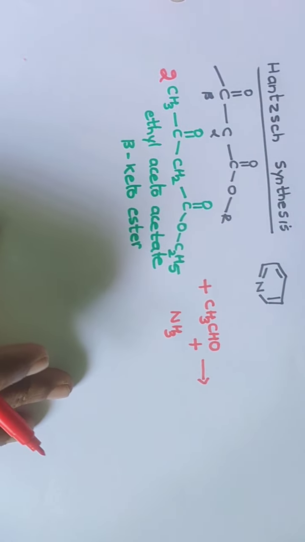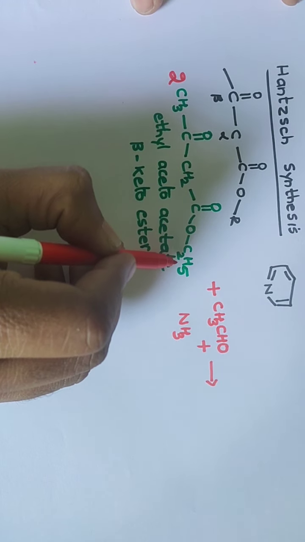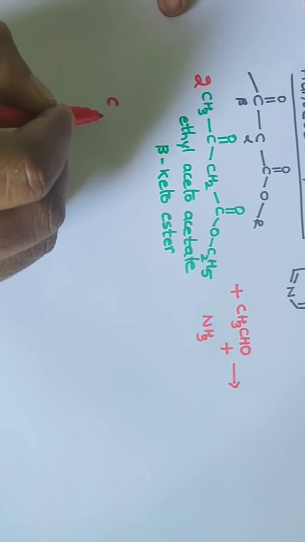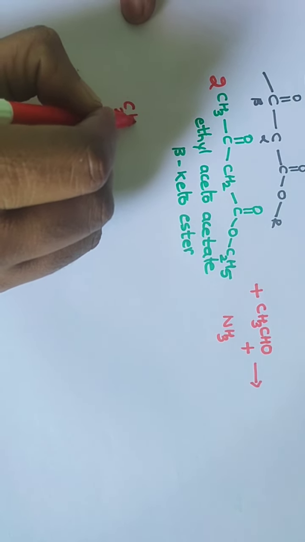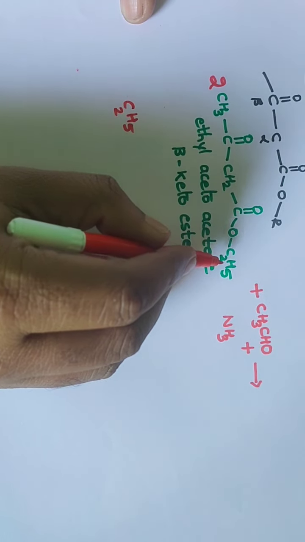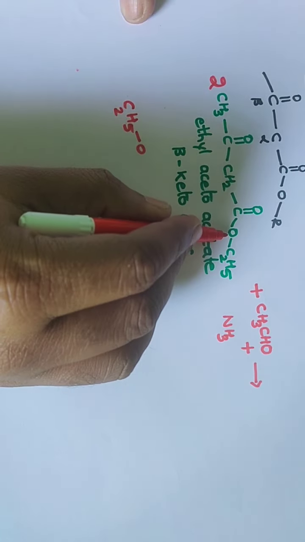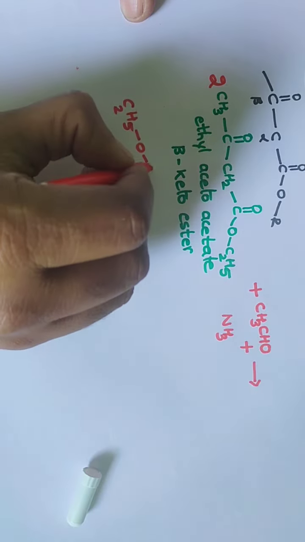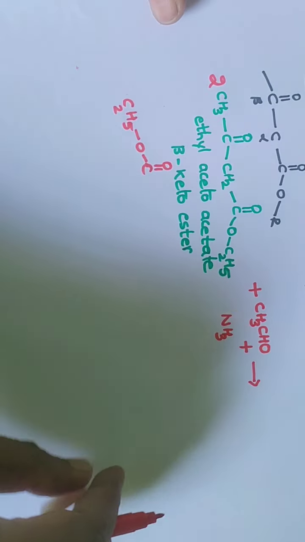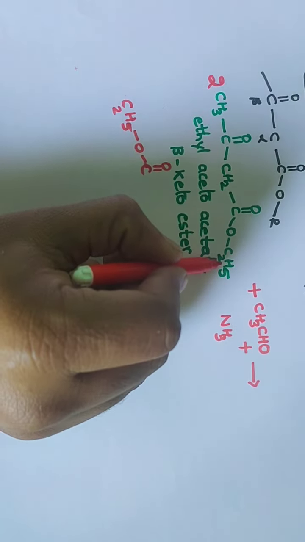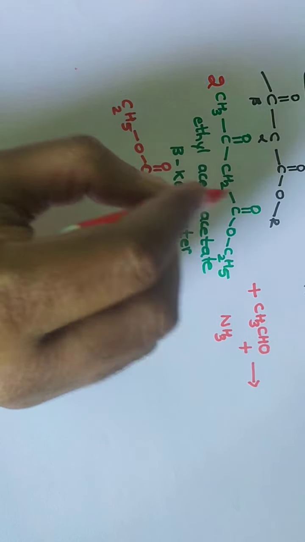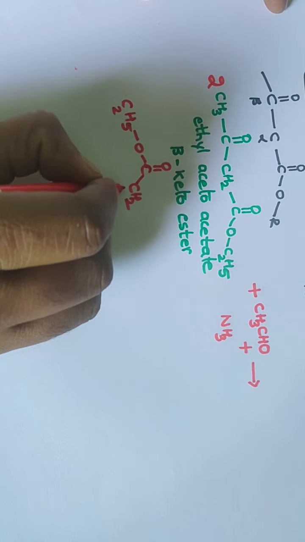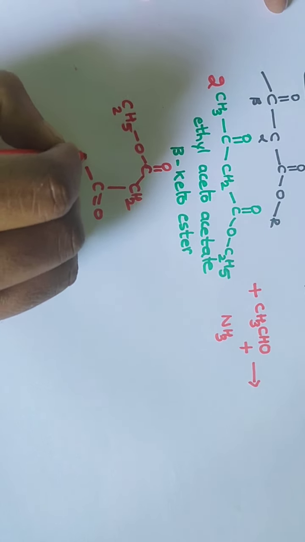So first I will write this ethyl acetoacetate molecule in this fashion: C2H5O, C double bond O, the CH2 here, C double bond O CH3.